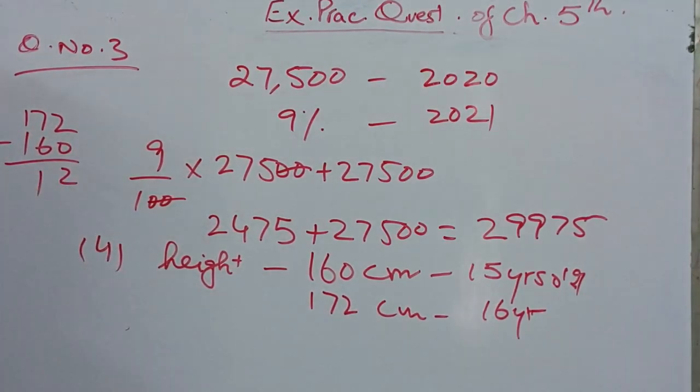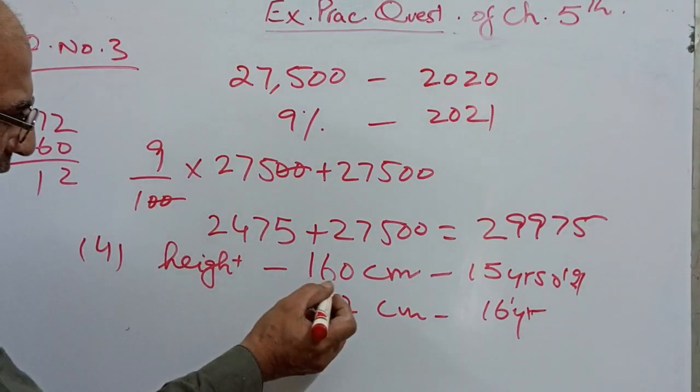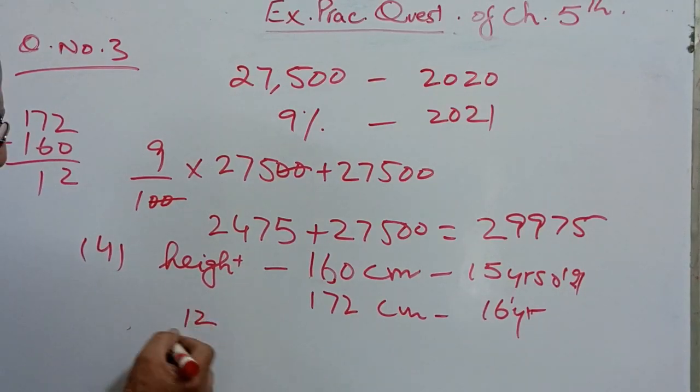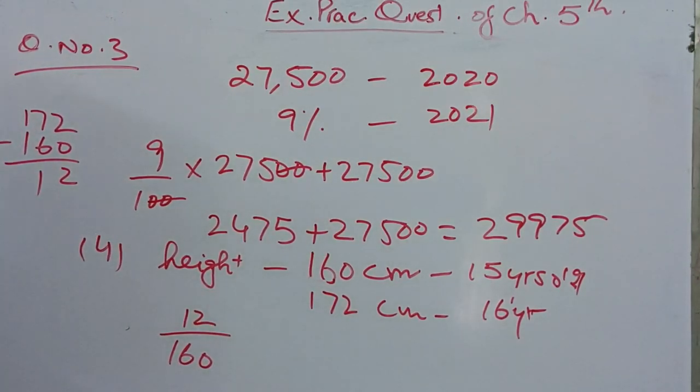This way it will become 12 centimeters. Now what was the original? The original was the height in the 15th year. So 12 divided by 160. What is being asked, let me read it once again. What percentage increase? Yes, we'll find the percentage.